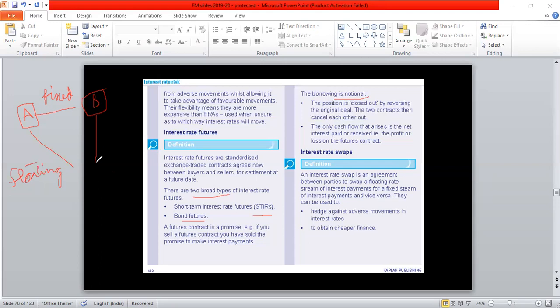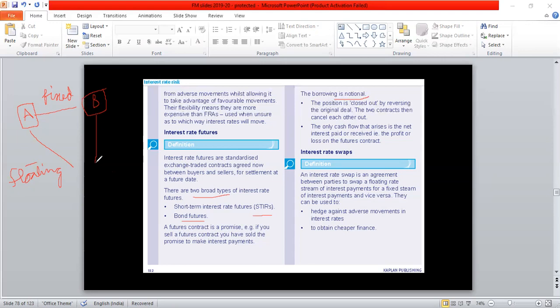Since they have already entered into an agreement which involves fixed rate interest payments, they would want to find another party from the market to enter into another agreement at a floating rate, or if they are already in a floating one, they would enter into a fixed one. So one fixed cash flow is swapped against another floating cash flow, so that they can minimize the risk arising because of the fluctuations in interest rates.